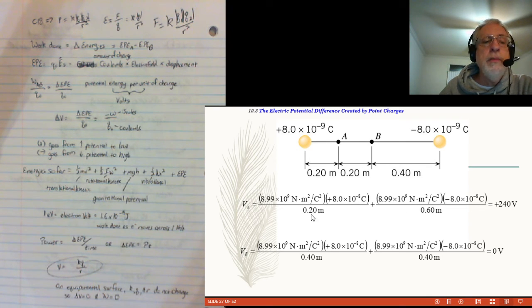The 0.2 is going to have a greater effect because I'm closer to the positive 8 coulomb charge. So that would be a 240 volt potential. If I'm in the middle, since they both would be divided by 0.4 and they're both the same voltage, just one's positive, one's negative, they're going to cancel and I get 0 volts. So if I'm right in the middle, I have no potential, or the electrical potential is 0.